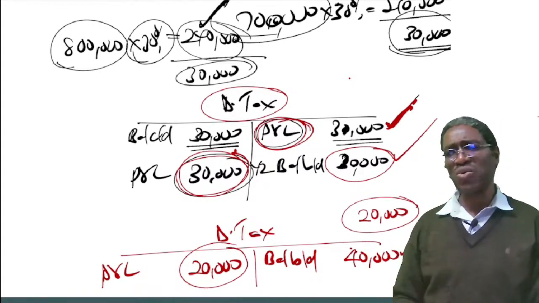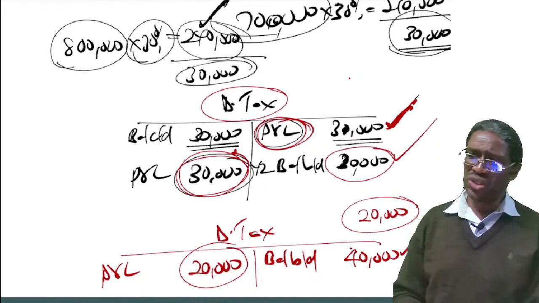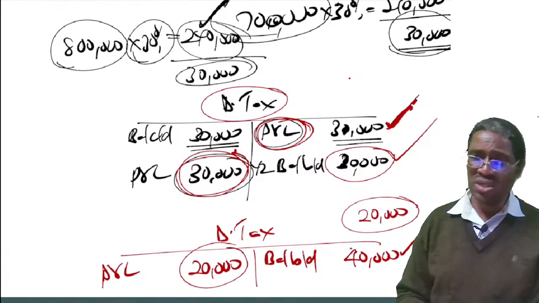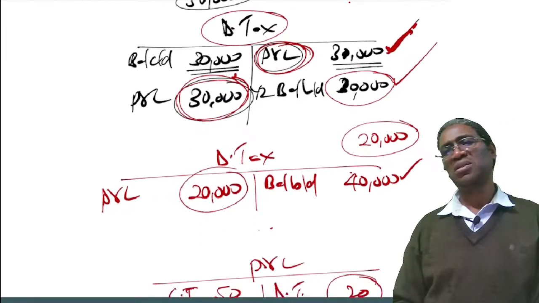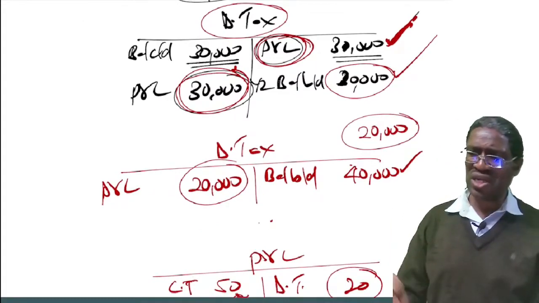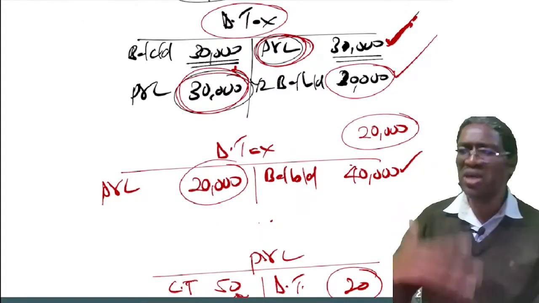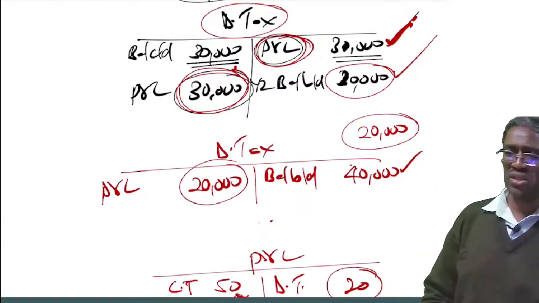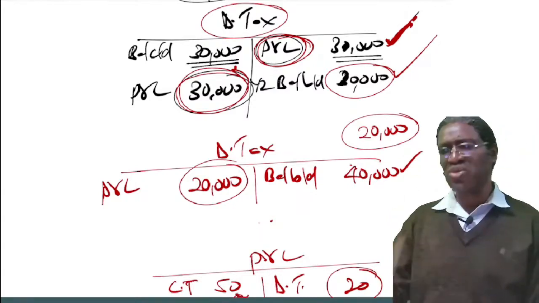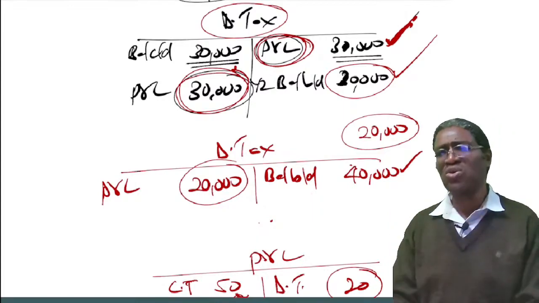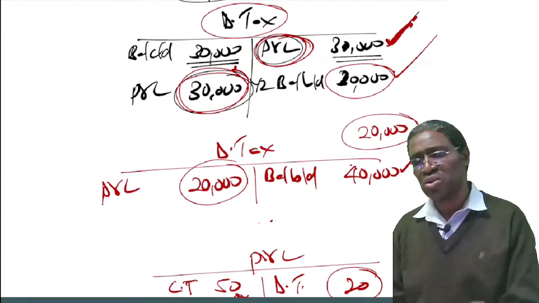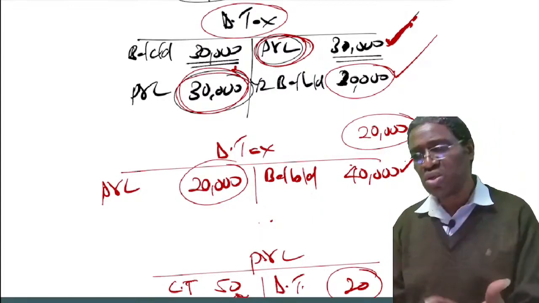The second language that the examiner can use in your exams is when they say increase the deferred tax by 20, or deferred tax to be increased by 20. It's the same as being told transfer 20 to the deferred tax.